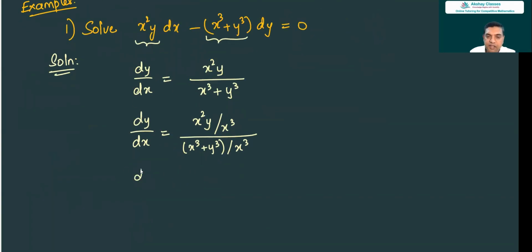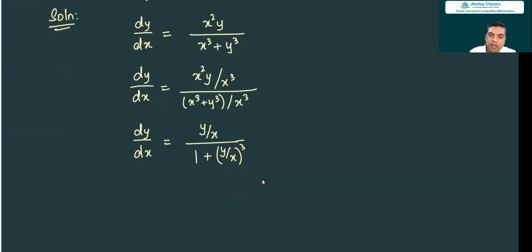Then what do we get? dy by dx is equal to y upon x by 1 plus y upon x the whole cube. Now we have converted this to the form f of y upon x.